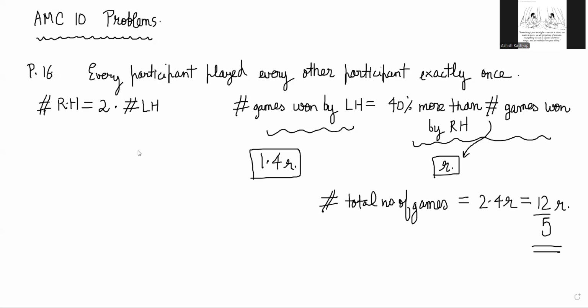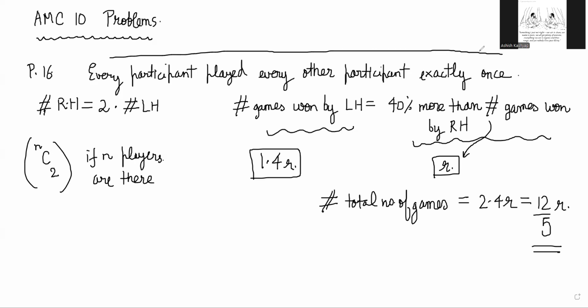Wait, we can say that the total number of games will be NC2 if n players are there. We are choosing any two players, so out of n players you can choose two in NC2 ways.